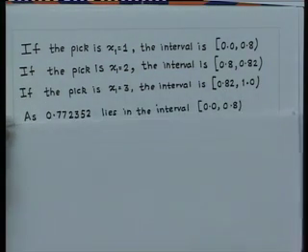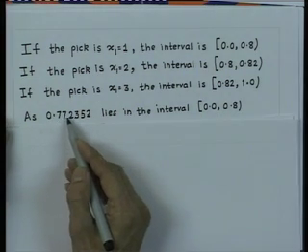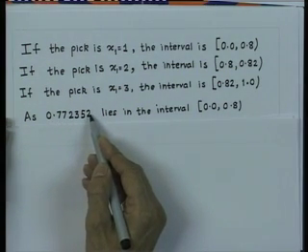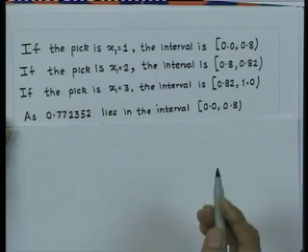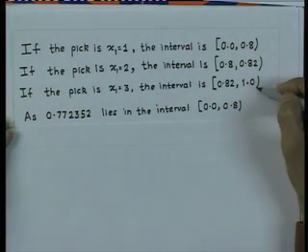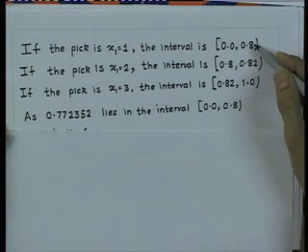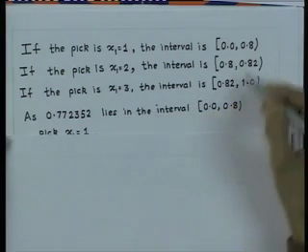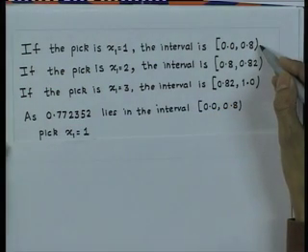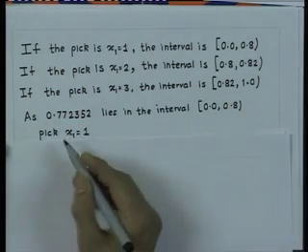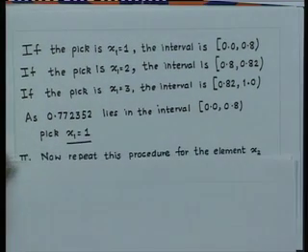Now, we want that our tag 0.772352 should lie in one of these intervals, and from here it is very obvious that this lies in this interval. Therefore, for the first element x1 we pick up as 1.